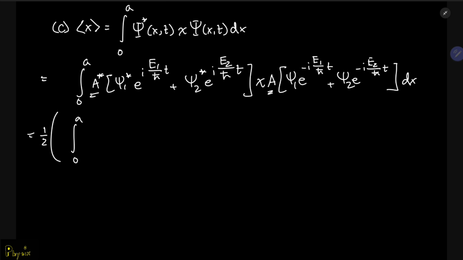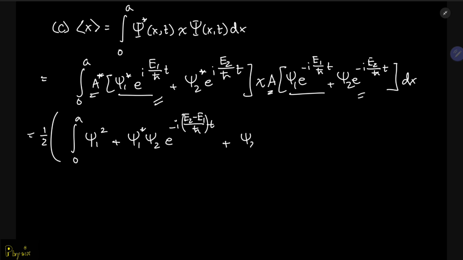The integrals are those of psi 1 star psi 1, plus psi 1 star psi 2 e to the negative i (E2 minus E1) over h bar t, obtained by multiplying this with this, plus psi 2 star psi 1 e to the i (E2 minus E1) over h bar t, plus psi 2 squared.